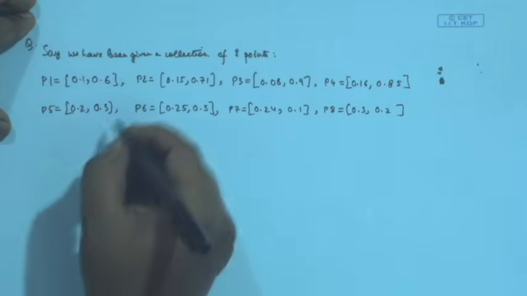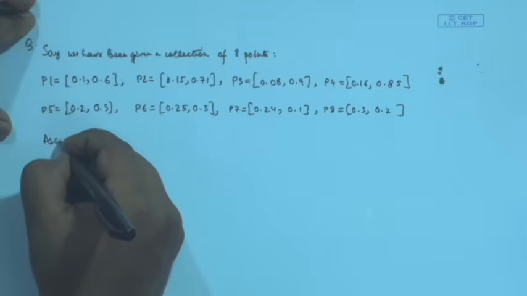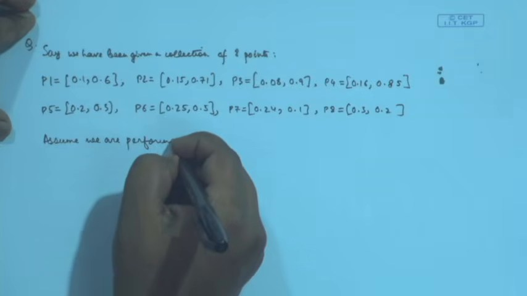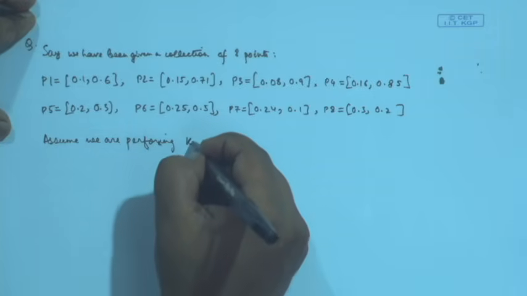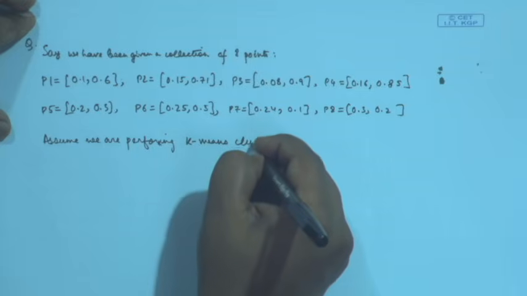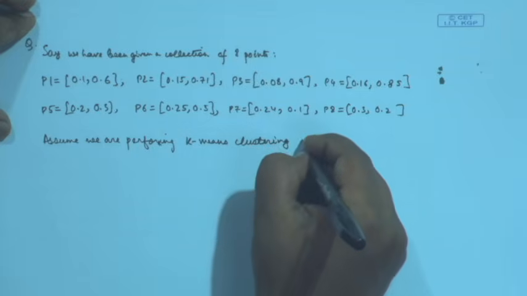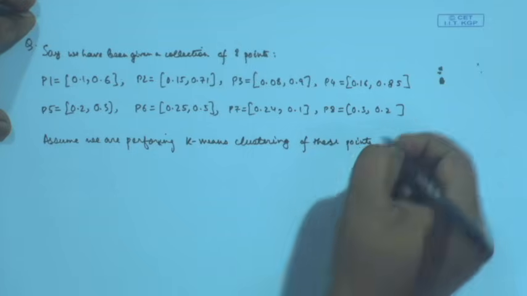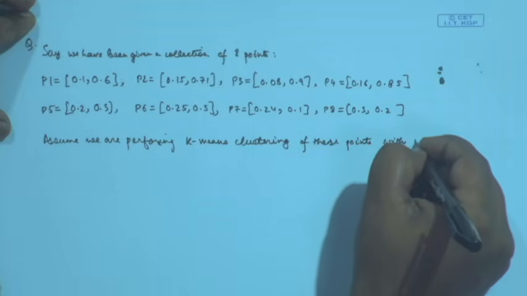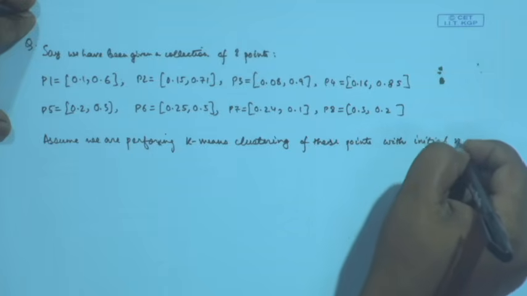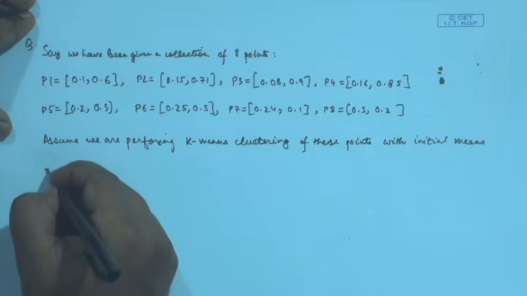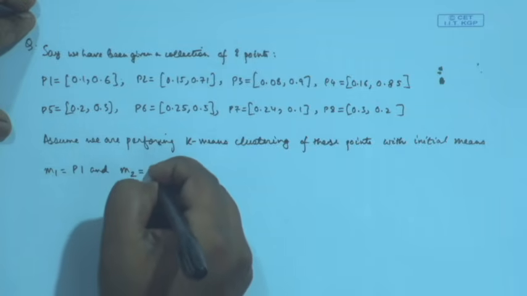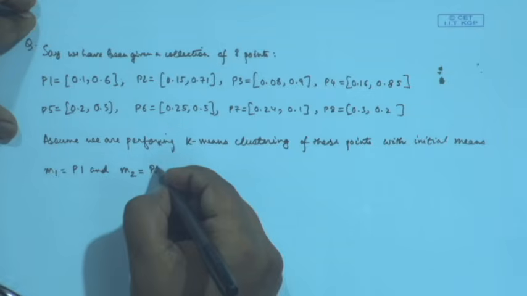Now, assume we are performing K-means clustering of these points with initial means M1 equal to P1 and M2 equal to P8, sorry.